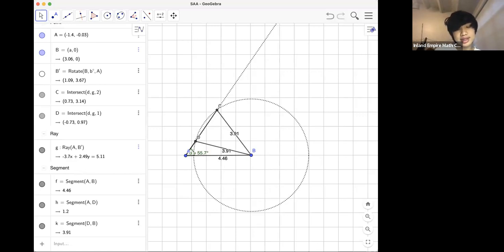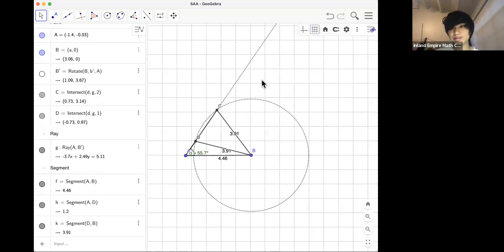I will send all of these GeoGebra files, which you can access online, to the Discord chat, WeChat, and on Zoom after this lesson is over. So you can try it out for yourself, because once you try it out, you will really understand. It's actually kind of cool, really interesting, the way these work.